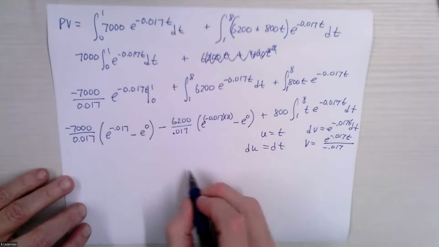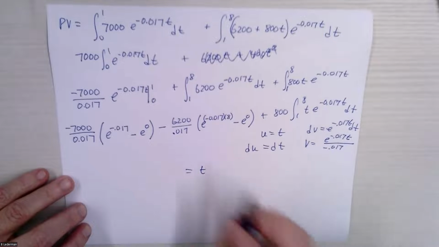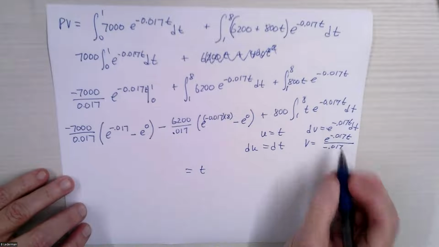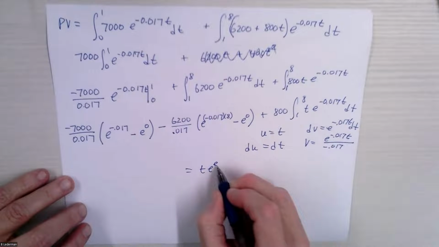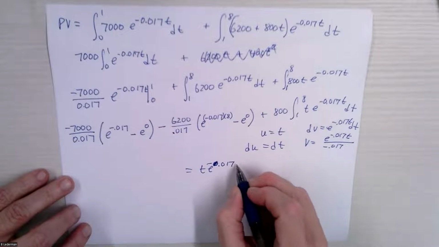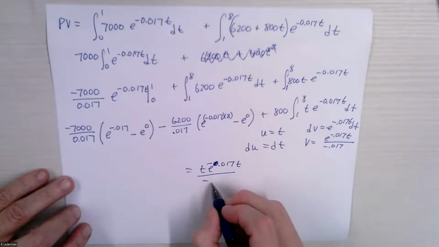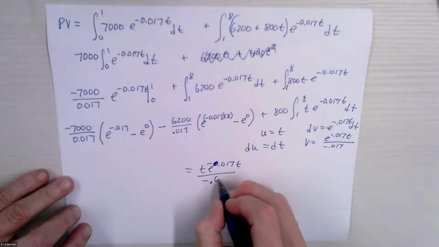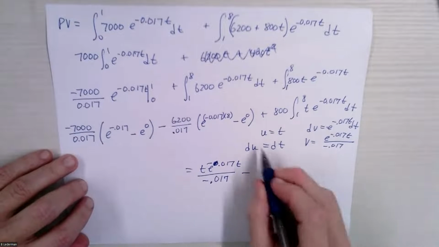So this is equal to uv, which is t times e to the negative 0.017 t over negative 0.017, and then minus the integral of v du.